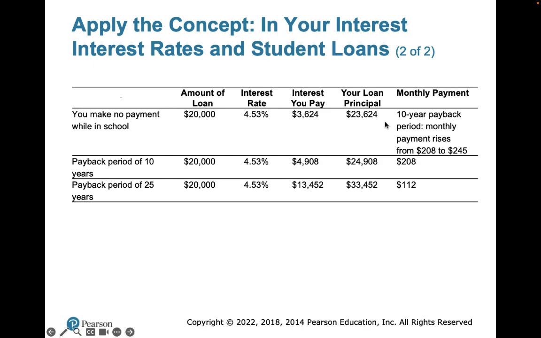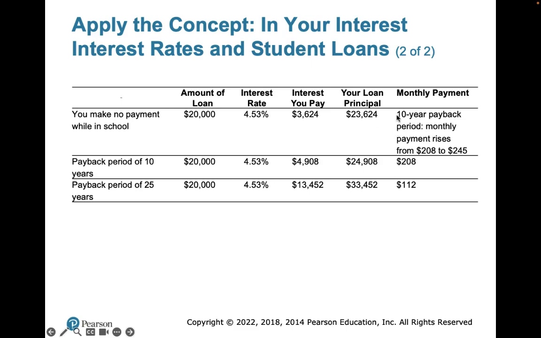You will make no payment while in school. You're not going to make any payment. With the 10-year payback period, the monthly payment rises from 208 to 245. If you are in school, you make no payment, but it's going to rise anyway.